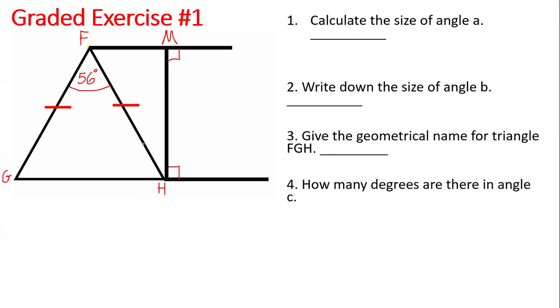Let's say that this is angle B. Let's say that this is angle A. All right, and we want to figure out what is angle C. All right, so quickly do this for me, please.